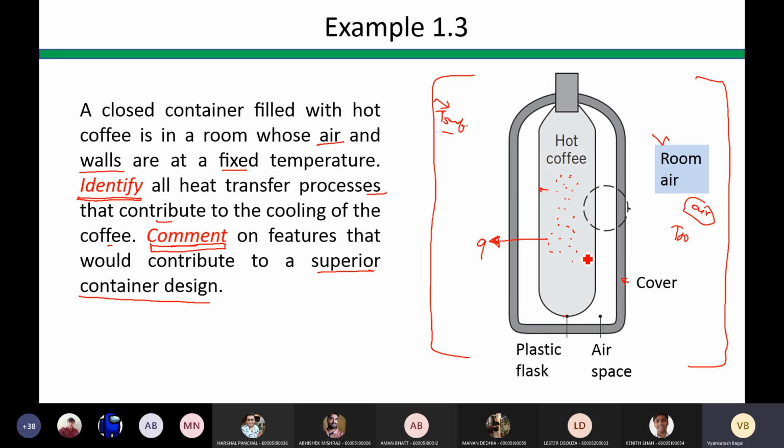So see what is involved here. Inside is coffee. Then there is a surface. This is the plastic material, so it has some thickness.